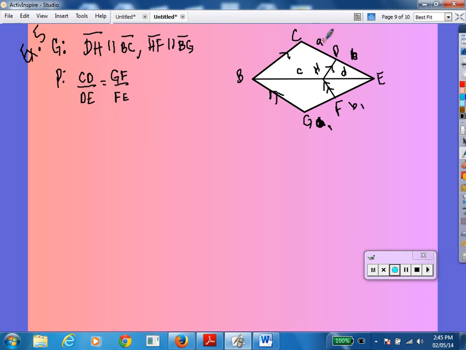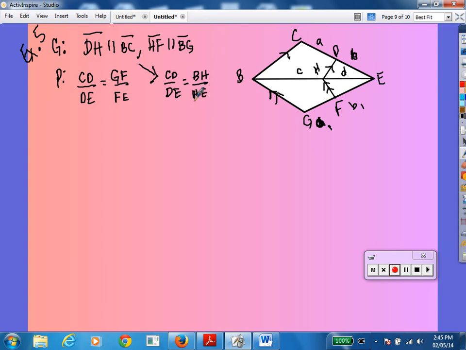And now what we're gonna do is we're gonna try to prove that CD over DE is equal to GF over FE. And let's see how we can prove this. Okay, so we're just saying that they are proportional. Well, if we work off of this statement right here, we could say that CD over DE is equal to BH over HE.